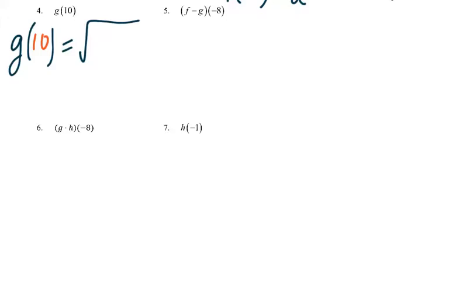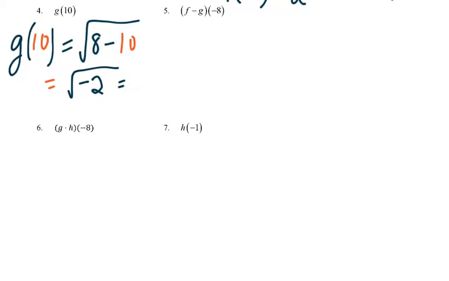Again, that's the square root of 8 minus x, but in this case our x is equal to 10. So I end up getting the square root of negative 2, which is an imaginary number because we can't take the square roots of negative numbers. We don't get real results from the real number system.